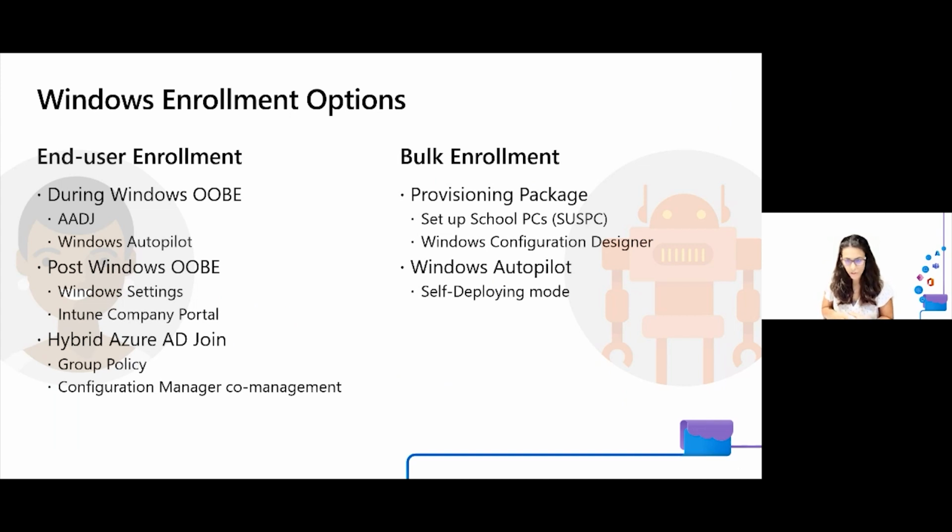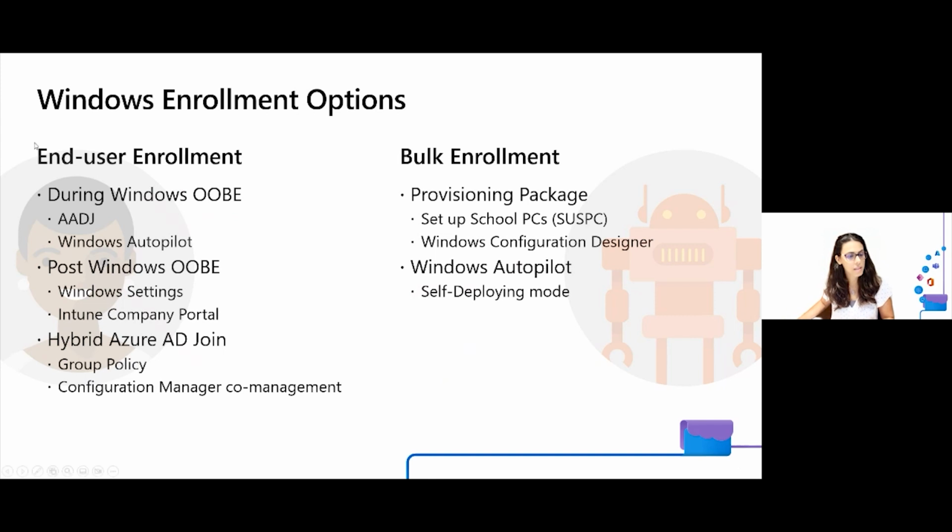As mentioned before, there are many options available, and the options that you choose really depend on how you want the device to be managed, who is going to use the device, and what the purpose of the device is. For end user enrollment, you have to think that this device is going to be tied to a user.